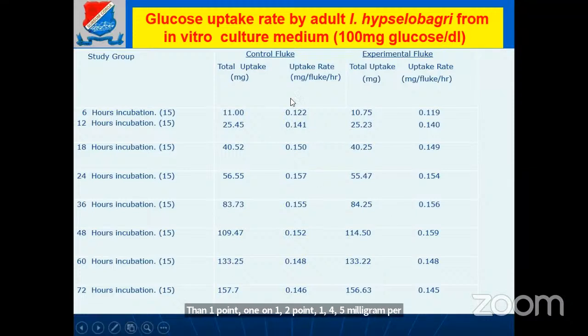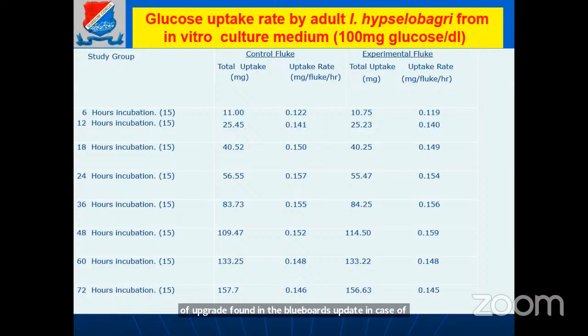If we place the parasite from the host into the culture media, and from the starvation period into the culture media, it is more or less the same. So there is no difference in the glucose uptake rate in the parasite.